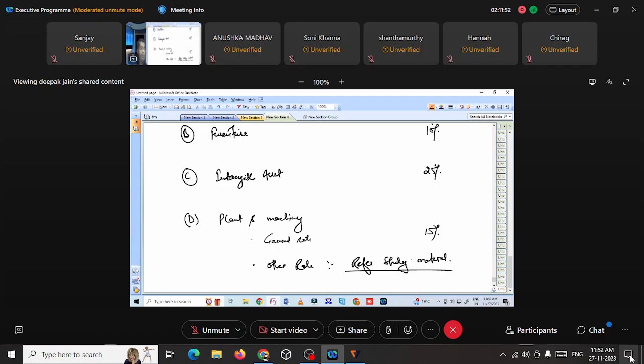So building, you have three blocks. Residential 5, commercial 10, temporary structure 40%. Furniture only one block 10%. Intangible asset only one block 25%. As far as plant and machinery is concerned, there are approximately 12 to 15 blocks. General rate is 15%.